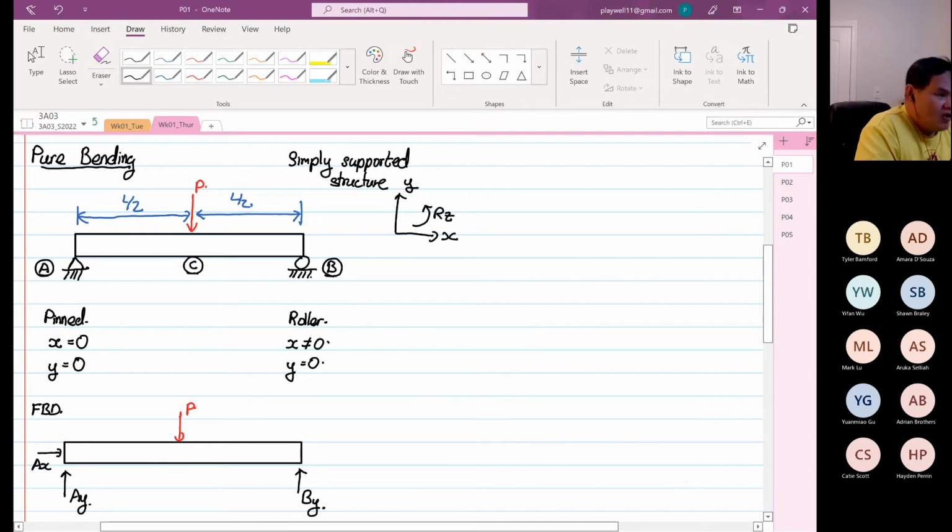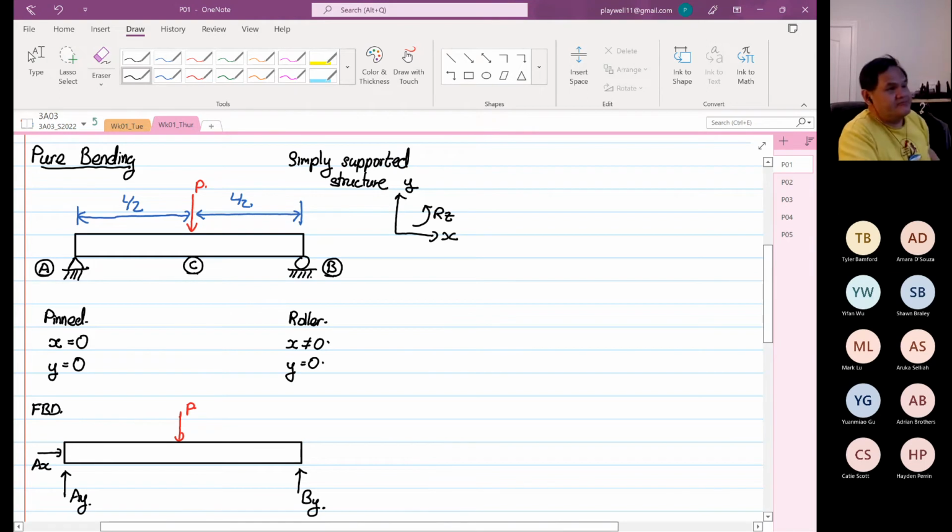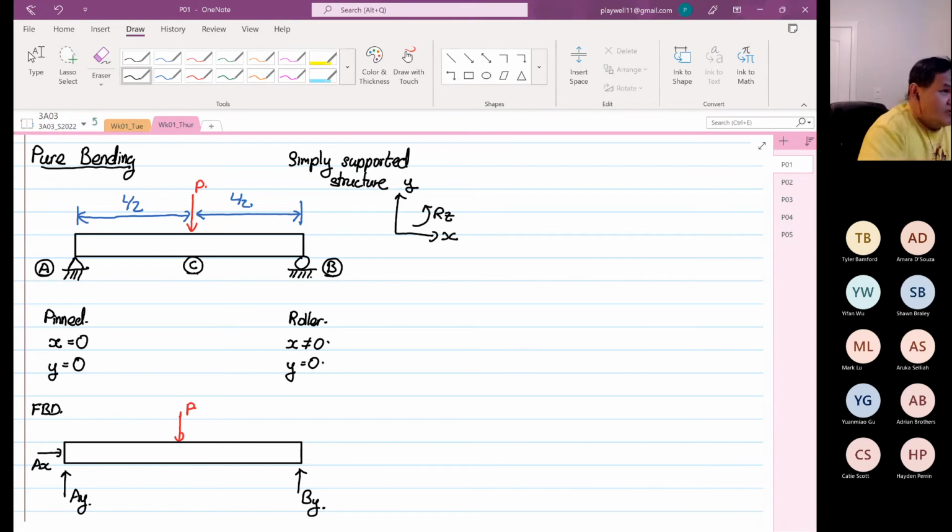Where will failure occur? Anyone? Is failure going to occur at point A, or at point B, or at point C? Anyone, please, where will failure occur? Or you can type in the chat. Presumably at point C. Yes, you got it right.